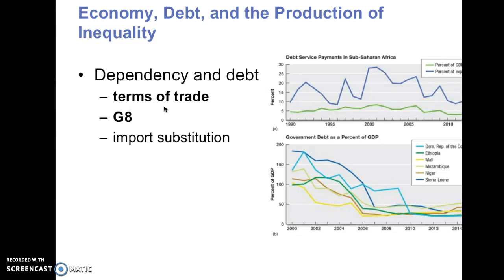If it takes a pound or 1,000 pounds of bananas to be able to pay for a refrigerator in 1990, and then it takes 2,000 pounds of bananas to buy the same refrigerator in 2000, the cost is 50% higher.